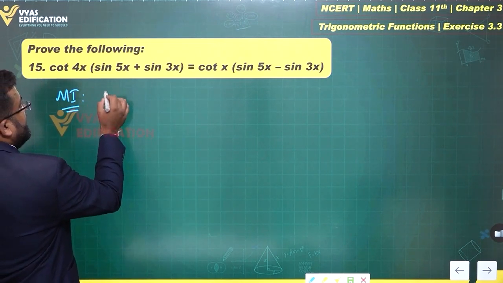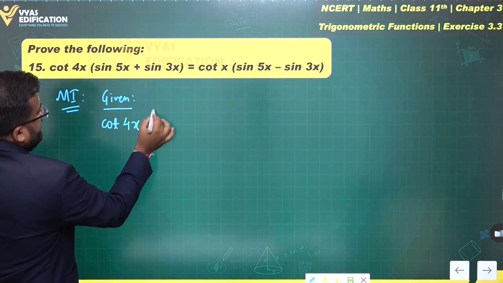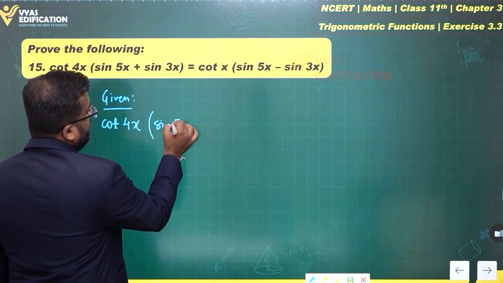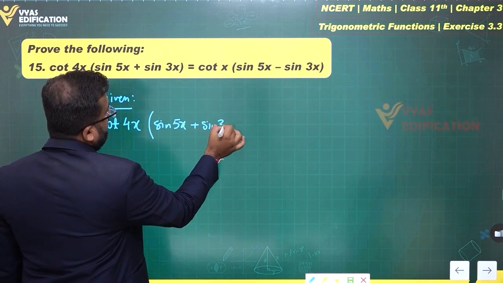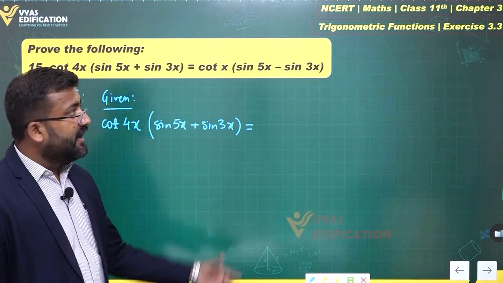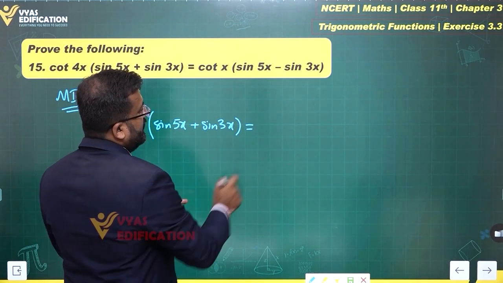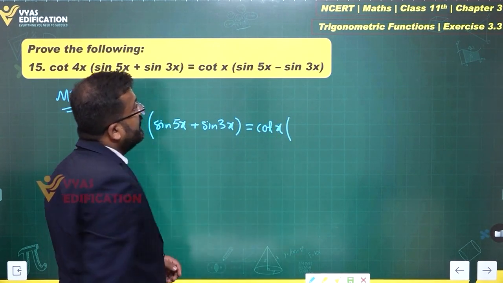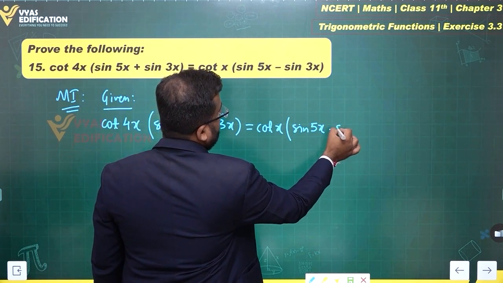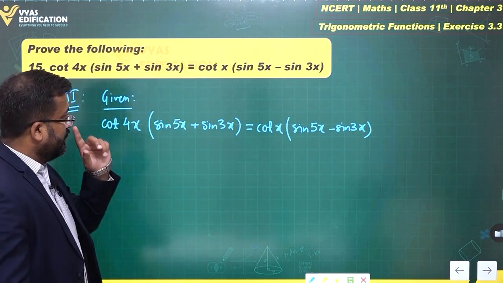What I have is given cot 4x times (sin 5x plus sin 3x) is equal to cot x times (sin 5x minus sin 3x), with sin 5x minus sin 3x in the bracket. I want to remodel this.